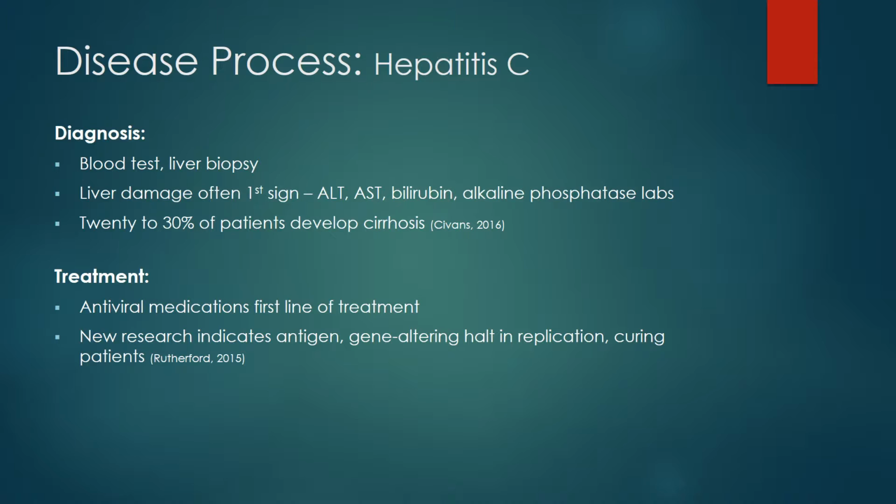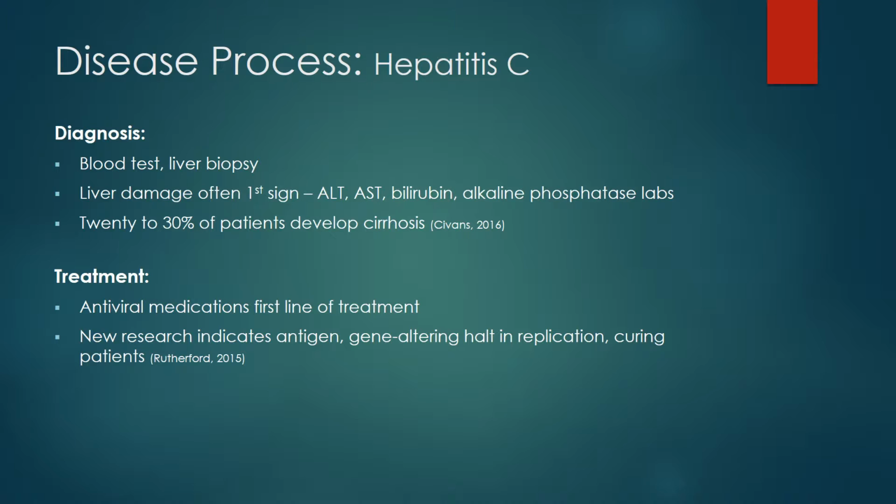But in the treatment of it, some various antiviral medications are typically used first to help with the chronic inflammation that's occurring at the time. But then there has been some new research, which is promising, showing that they can go in there and alter the genes, rendering the antigen incapable of replicating.